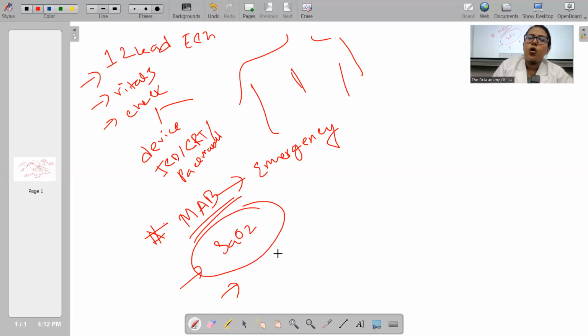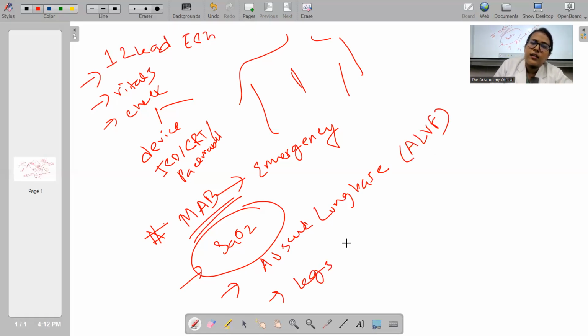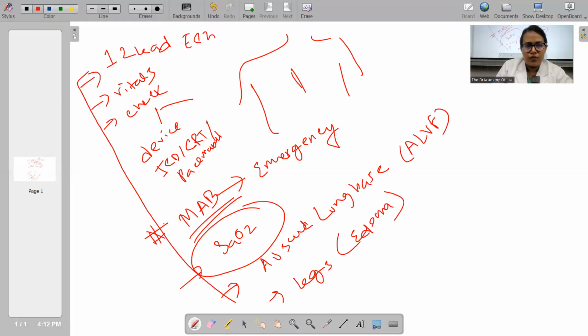And then try to auscultate the lung base, to rule out any features of acute left ventricular failure. And then check the legs to see if there is any edema. Also, these are the important things that you should consider, okay?